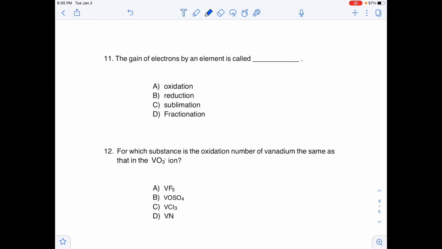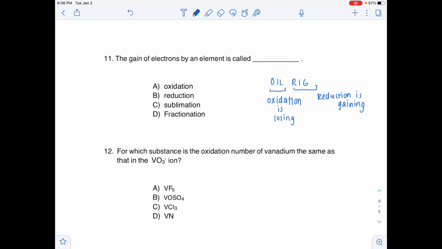For 11, it says the gain of electrons by an element is called what? So there's an easy way to remember this, and I like to use it, is oil rig. An oil rig stands for the oil part, it's oxidation is losing, and then for the rig part, it's reduction is gaining.